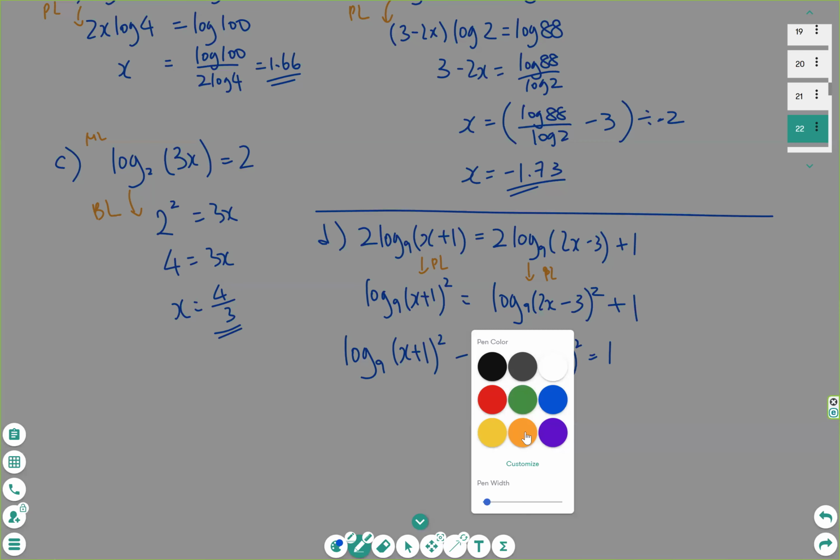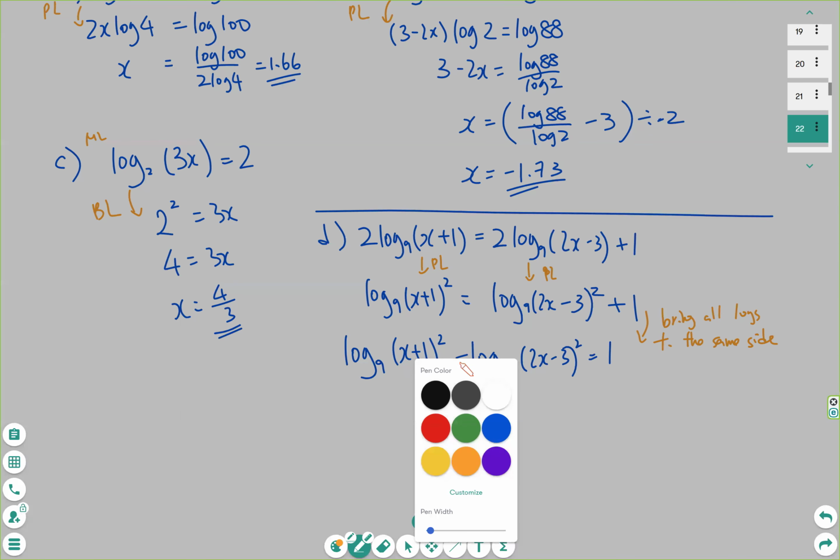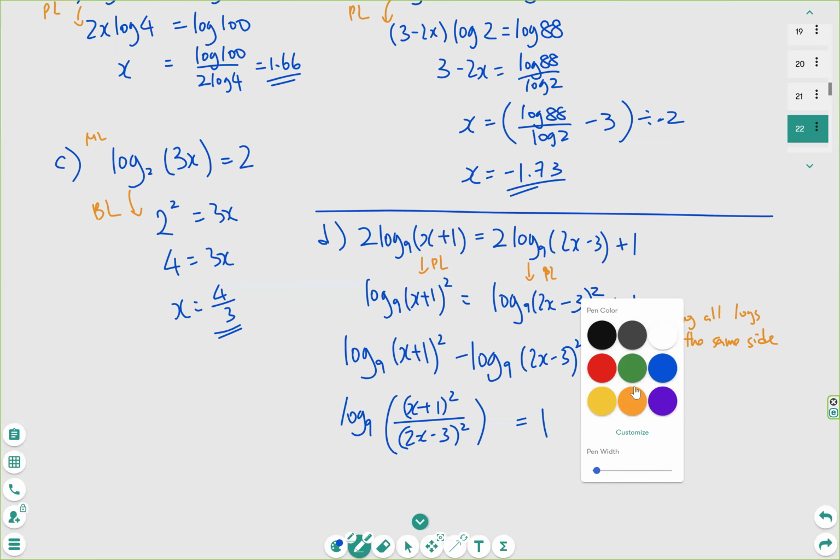We're just bringing all logs to the same side. Then log A minus log B is the same as log A over B. That's the division law.